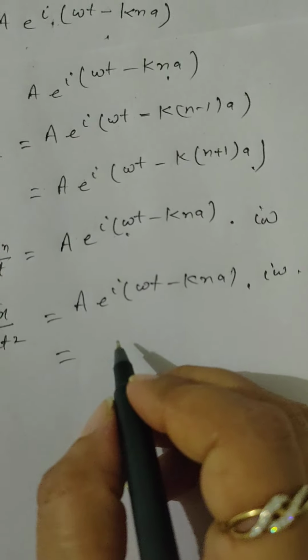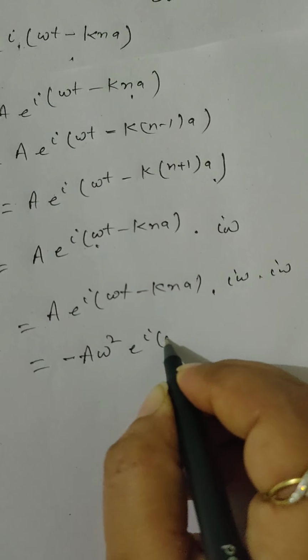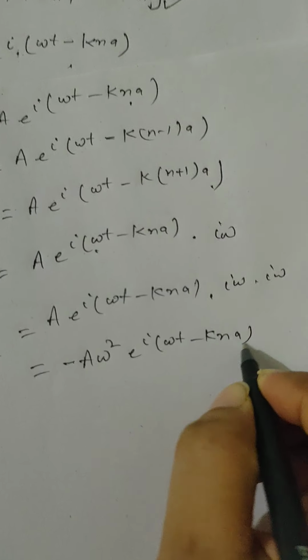So iota square is equal to minus 1, it will be minus omega square e raised to power iota omega t minus kna.